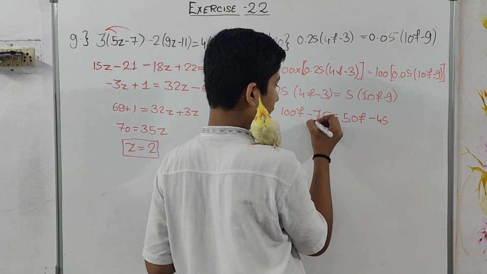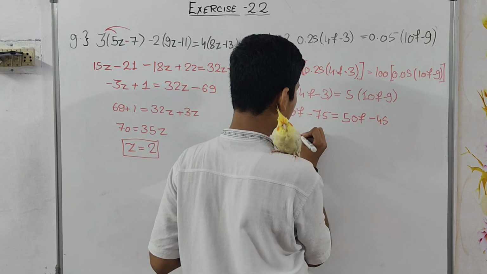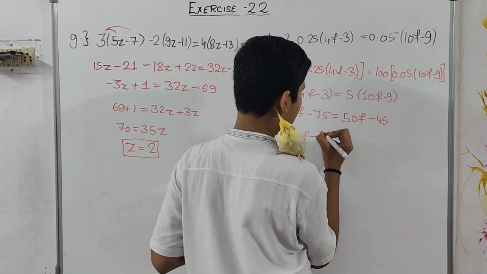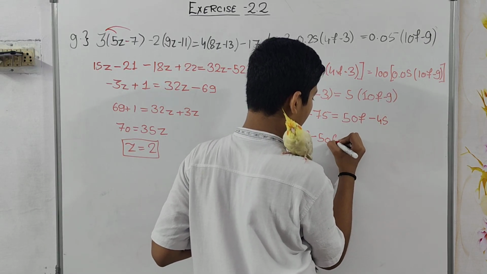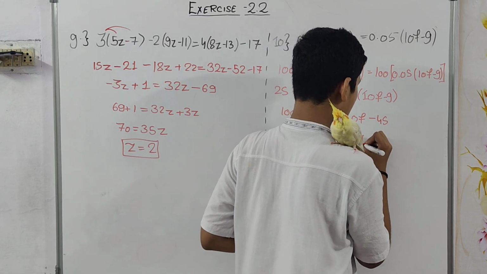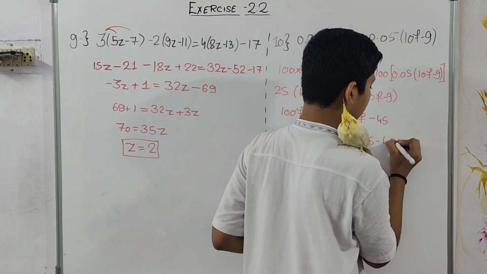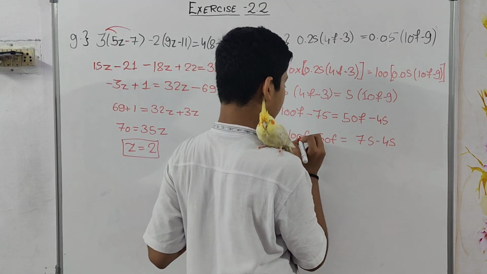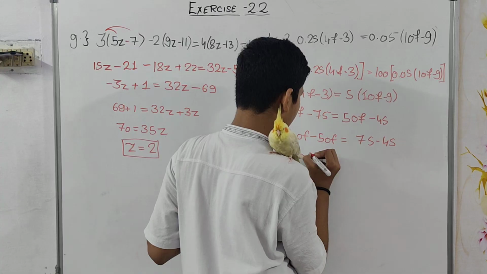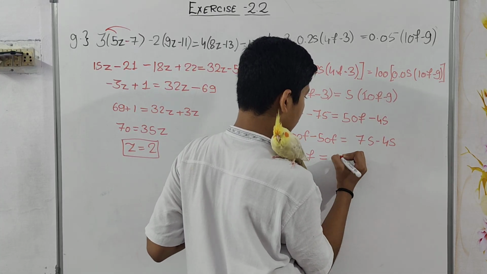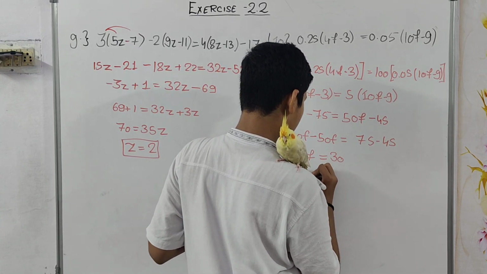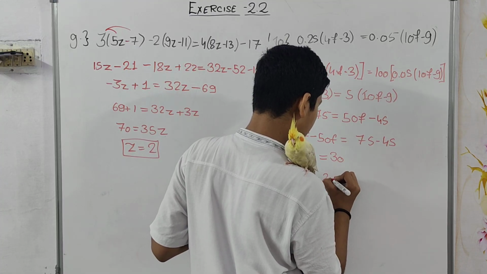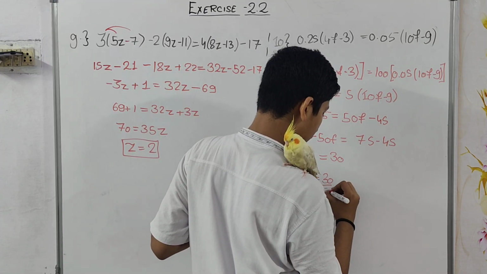So this will come here, this will go there. 100f minus 50f equals 75 minus 45. 75 minus 45 will be 30 and this will be 50f equals 30. f equals 30 upon 50.